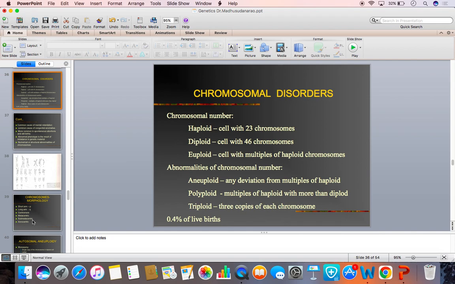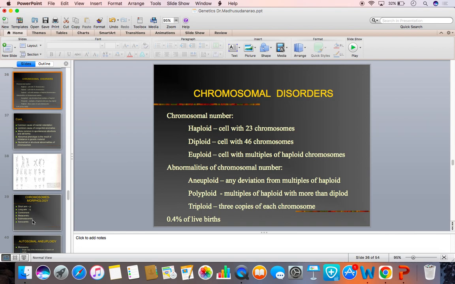Now coming to the chromosomal disorders, a brief touch on this topic. What is the chromosomal number and the terminology used? You have 23 pairs of chromosomes, 22 pairs of autosomes and one pair of sex chromosomes.